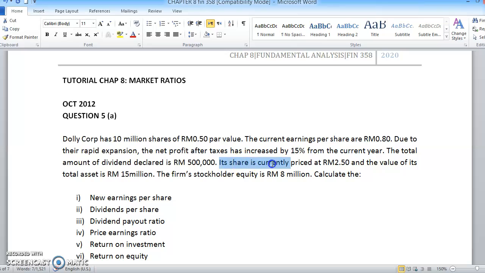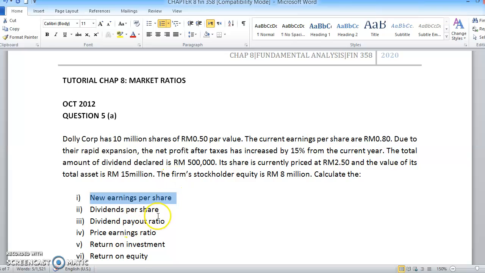Each share is currently priced at RM 2.50 and the value of its total asset is RM 15 million. The firm's stockholder equity is at RM 8 million. And you are required to calculate, the first one, the new EPS or the new earnings per share.